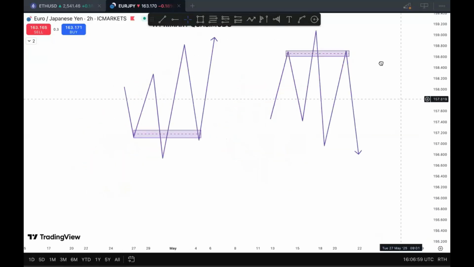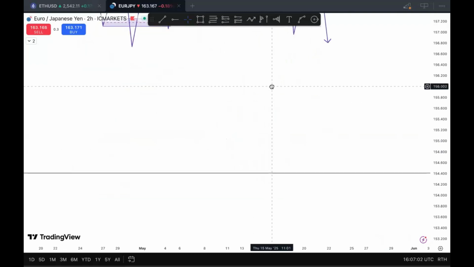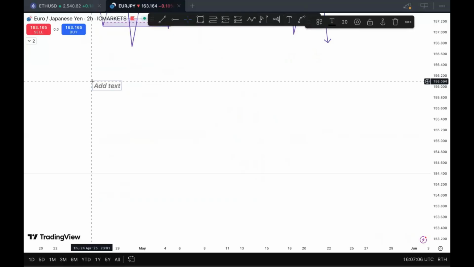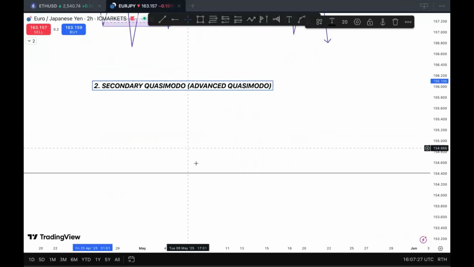And then we have the secondary Quasimodo. Number 2 is the secondary Quasimodo, also known as the Advanced Quasimodo. So take note of that.